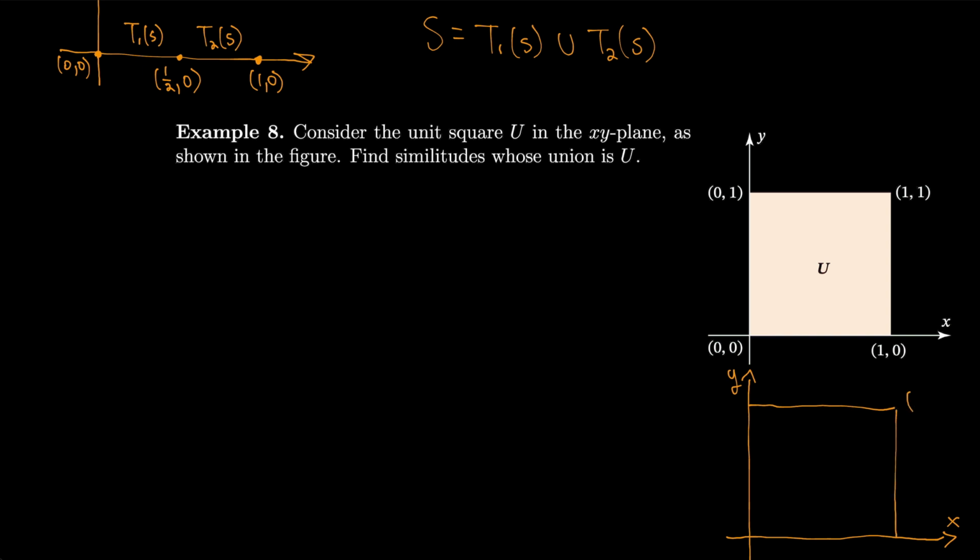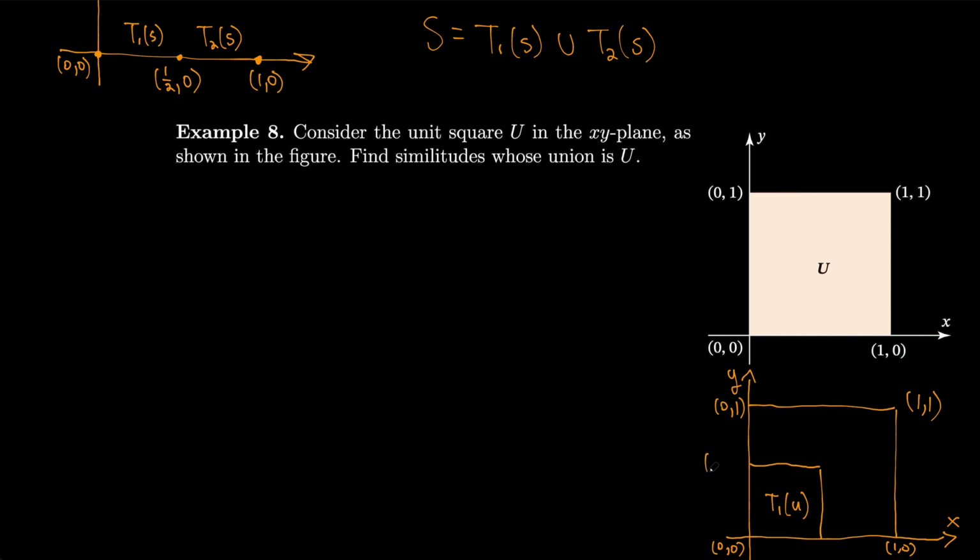So here will be 1, 1, and here's 0, 1, and 0, 0, and 1, 0. So then what I could do is shrink the square down so that it's 1/4 of the size, and that'll get me my T1 of u, similar to what we did before.